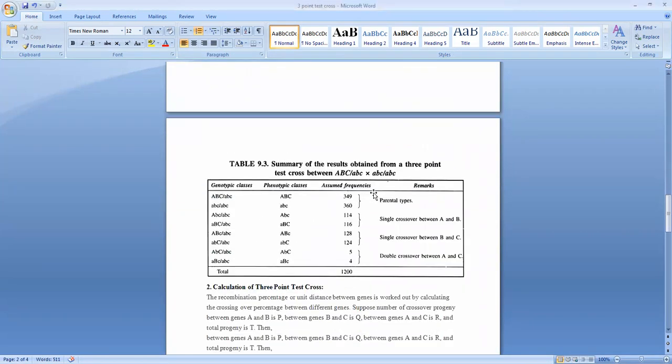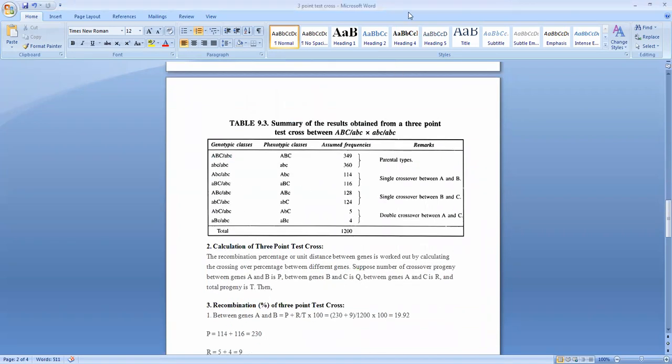If we have this kind of phenotypes, this is the parental type, capitals and smalls, and these all are the recombinants. We have this parental form, and this is the recombinant form.